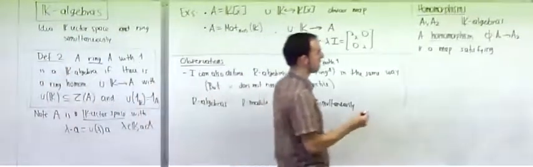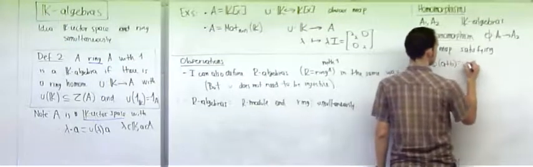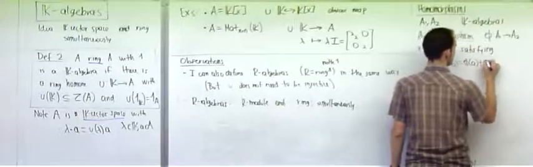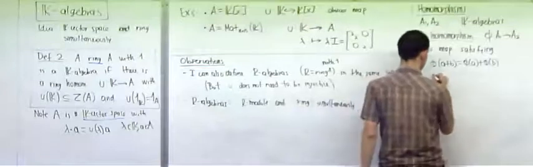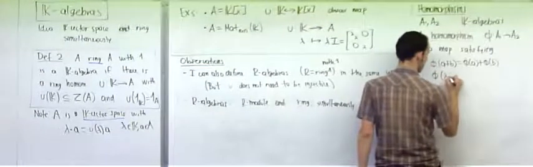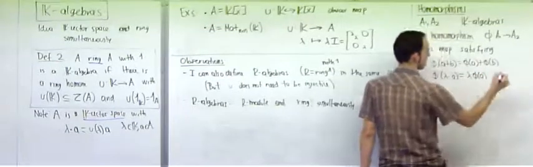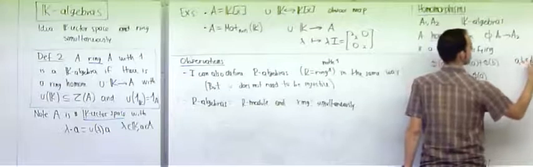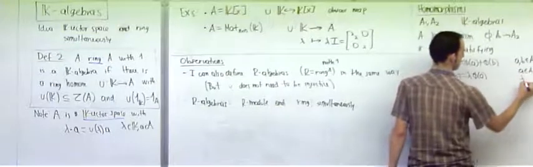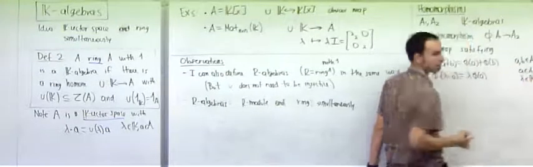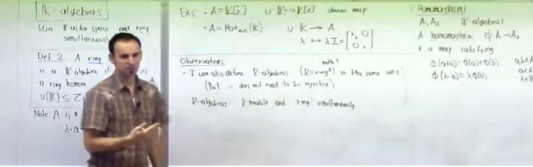And so we should make sure that this map is linear. What that means is that phi of a plus b should be equal to phi of a plus phi of b, right? And to be linear, you also have to satisfy that you behave well under multiplication by scalars. So here a and b are in the algebra, and here a is in the algebra, and lambda is a constant, a scalar in K. So that makes you a map of vector spaces.